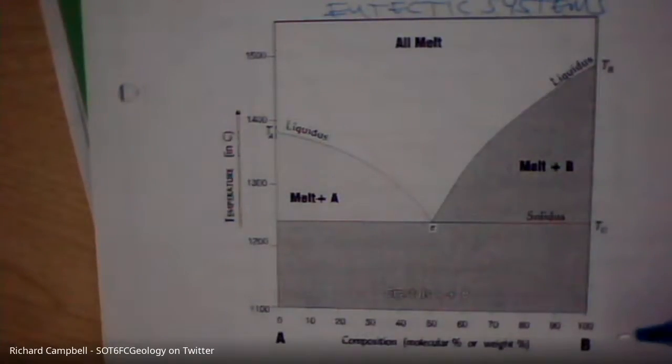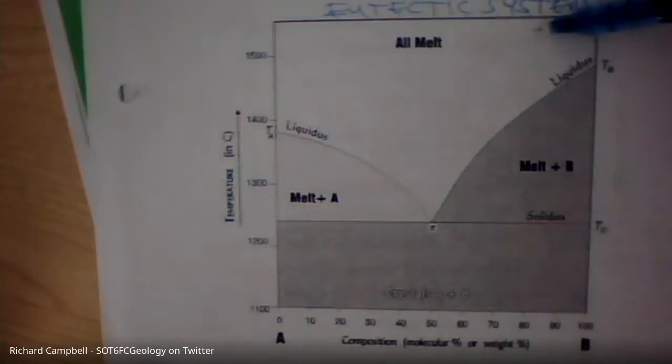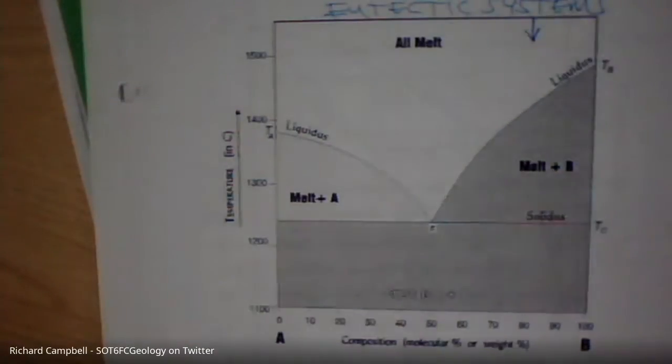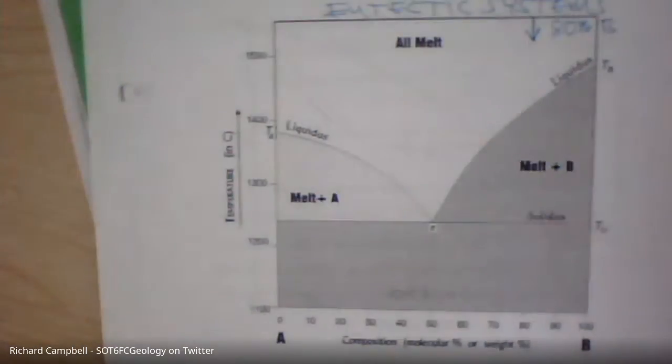So let's say, for example, we have a melt composition that is 80% mineral B. So 80% mineral B would be here. If we track that upwards, let's put a line running down here. That, as I said, is 80% melt B.